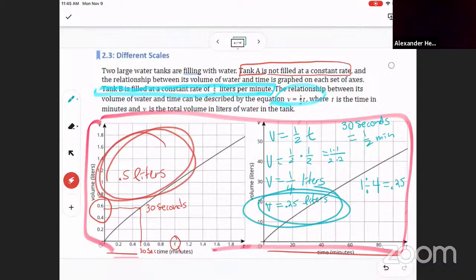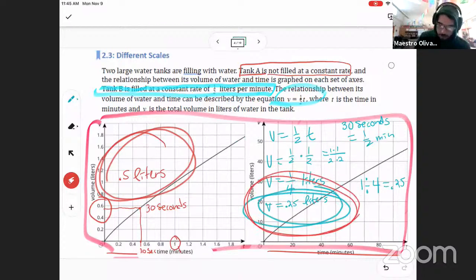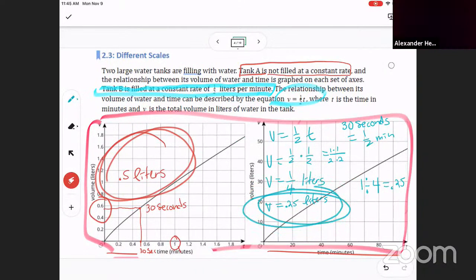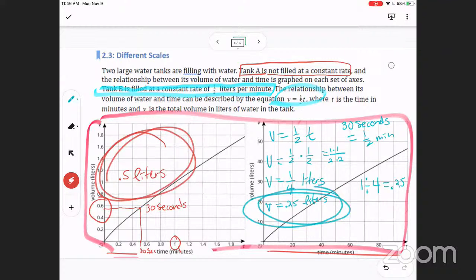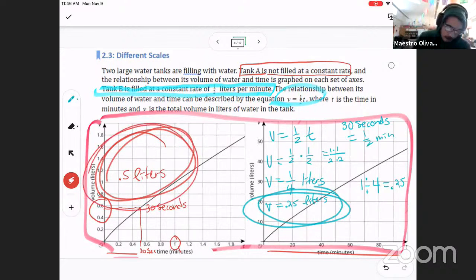Take a look at the picture I'm circling right now. 0.25. Thank you, Alex. Now, Angie, tell me, which one is bigger, 0.25 or 0.50? 0.50. So after 30 seconds, tank A has more water.